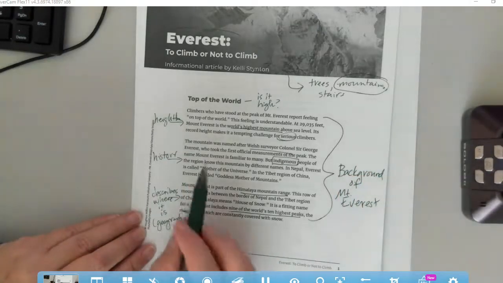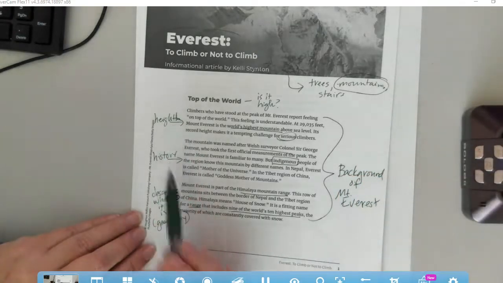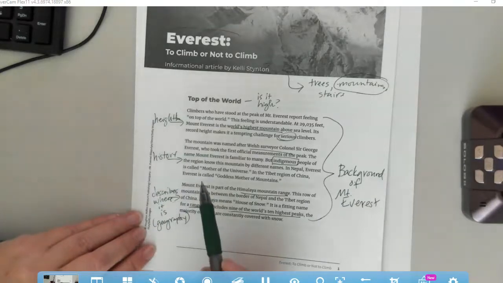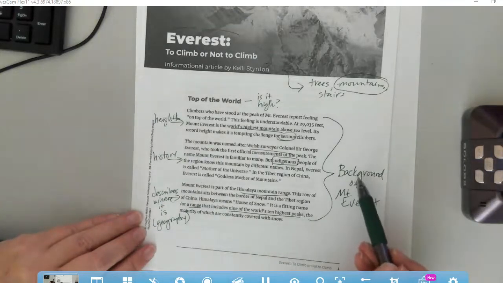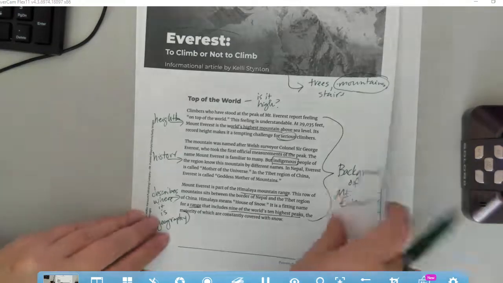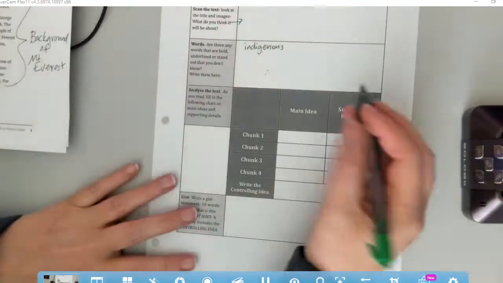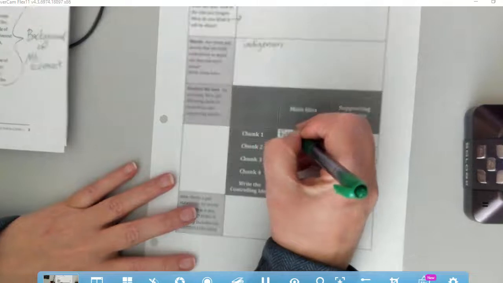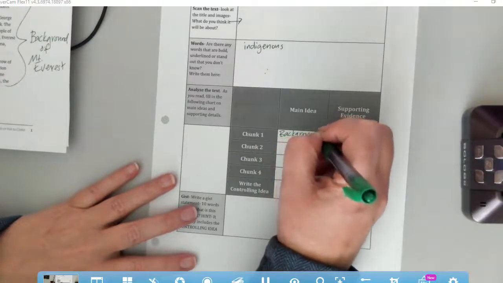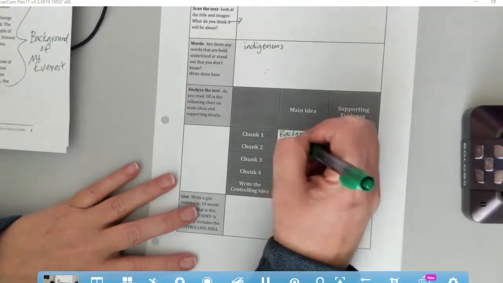All those things together, giving me the stats, the history, where it is, I would probably file that under background. So that's what I'm going to put on my swag part 1. I'm going to say the background of Mount Everest.